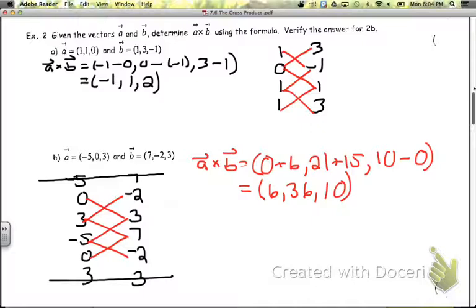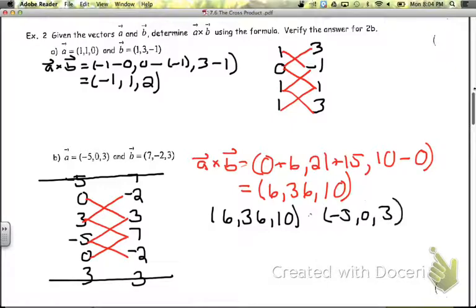Now one thing it asks us to do is to find the dot product between the two to see what it equals, because if it equals 0 then we know that it's perpendicular. So the product between 6, 36, and 10, and our vector A, it doesn't matter which vector you take here.